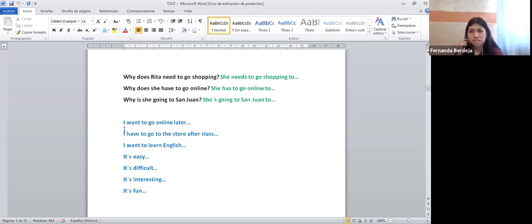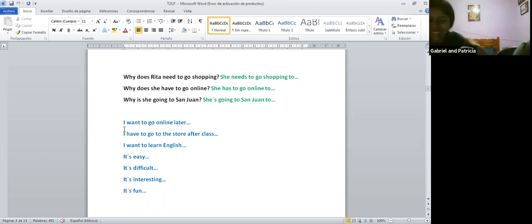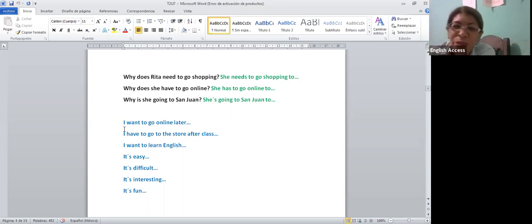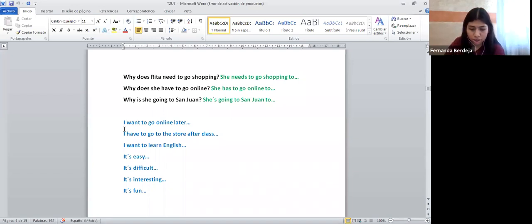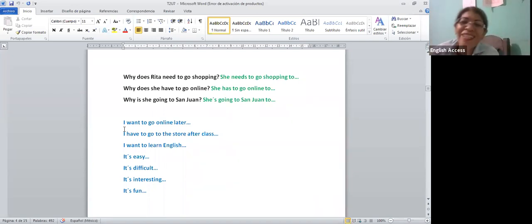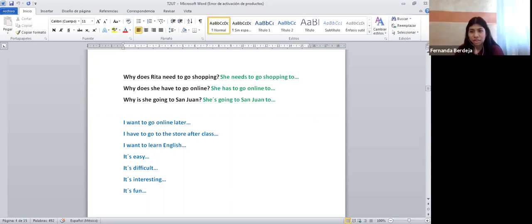No, grocerías no. To get some groceries or to go grocery shopping. I have to go to the store after class to go grocery shopping. Yes, that's grocery shopping.